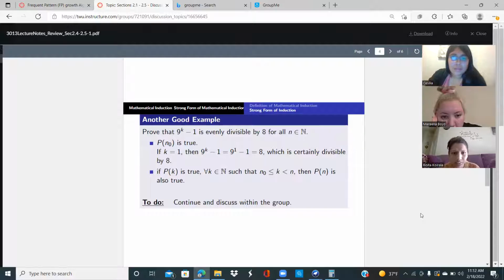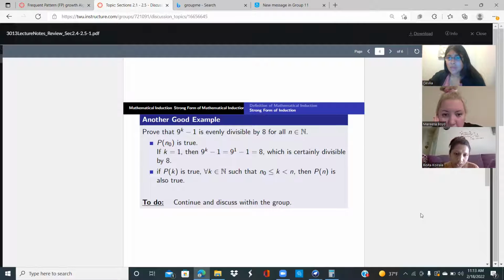And it is certainly divisible by 8. Yes, that means 8 equals 8, right? In this case. Then if P of k is true, for all k elements of natural numbers such that n subset of 0 is less than k and k is less than 1, then P of n is also true.